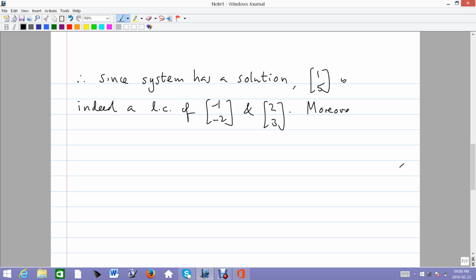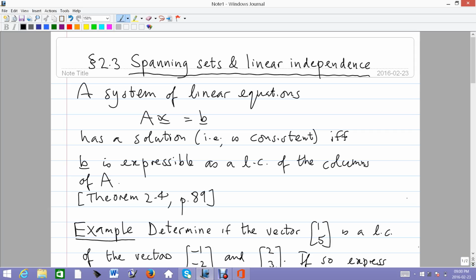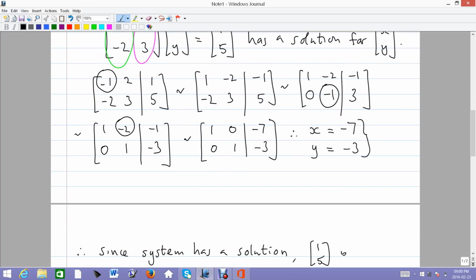And the coefficients involved in this linear combination are none other than the solutions here for x and y.